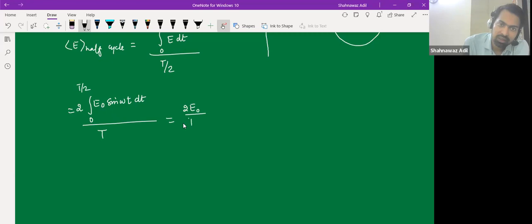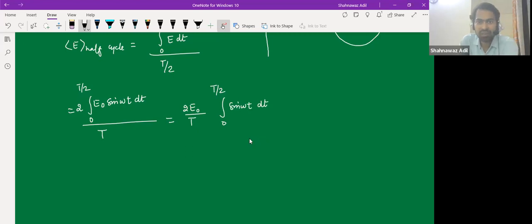Right? Now, this integral is from 0 to T by 2 of sine omega t dt. As you guys saw yesterday, the integral of sine omega t is minus cos omega t divided by omega. Whatever factor is multiplied here, in the integration that is divided, but the case for differentiation is different.